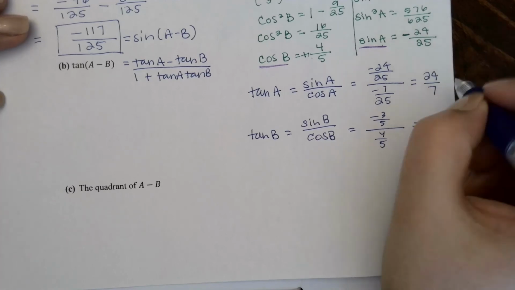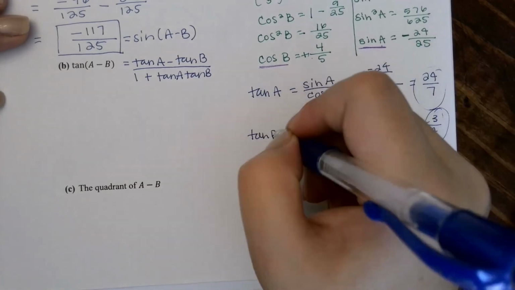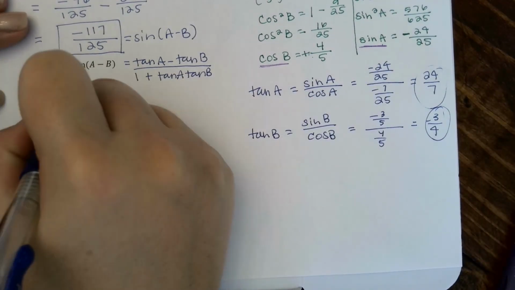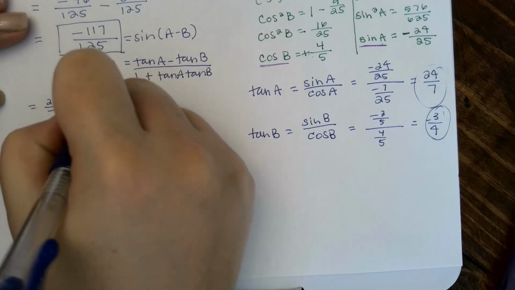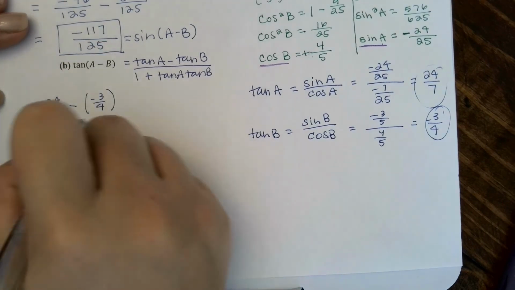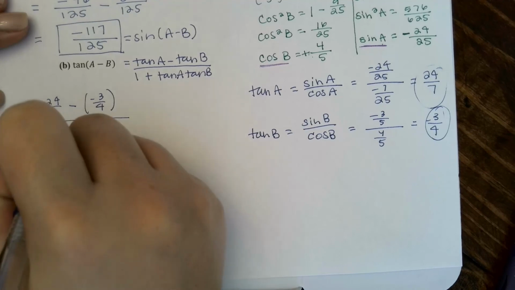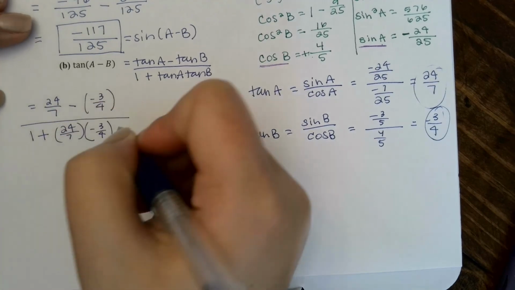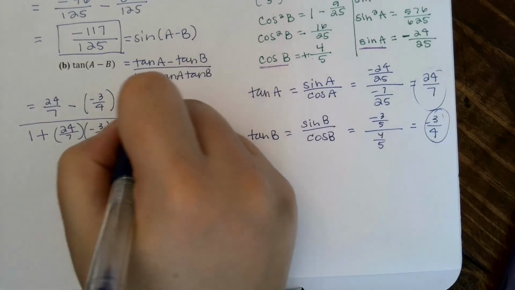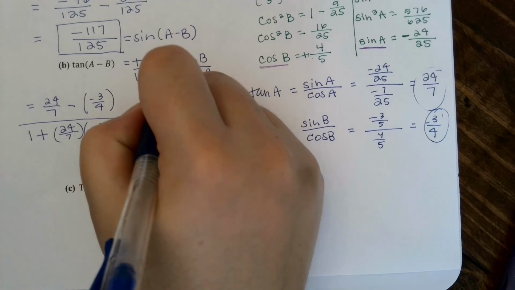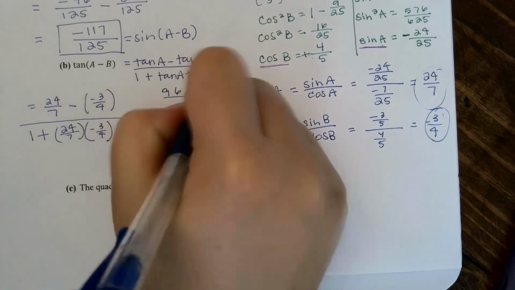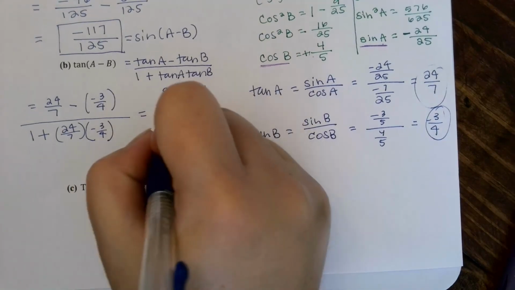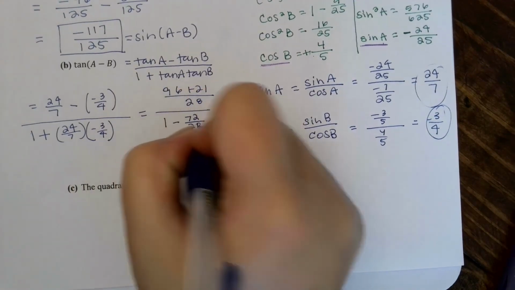Then I can just plug these values in for tangent A and tangent B. I have 24 over 7 minus negative 3 over 4, over 1 plus 24 over 7 times negative 3 over 4. This gives me 96 plus 21 over 28, and then 1 minus 72 over 28.